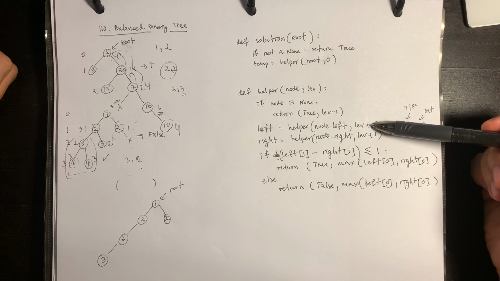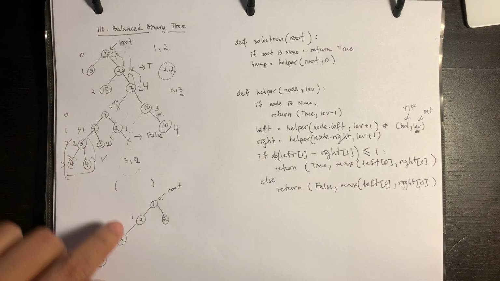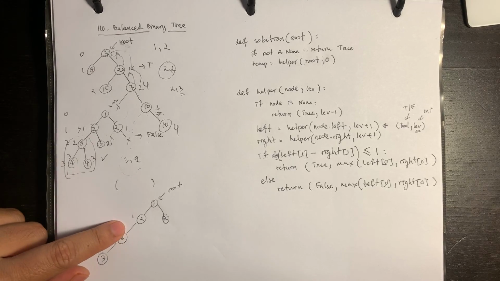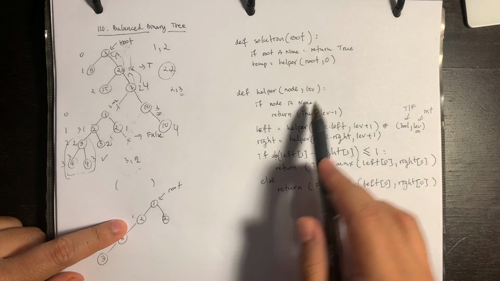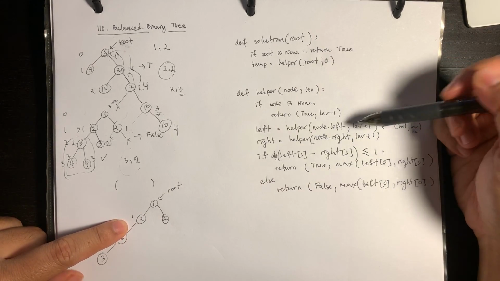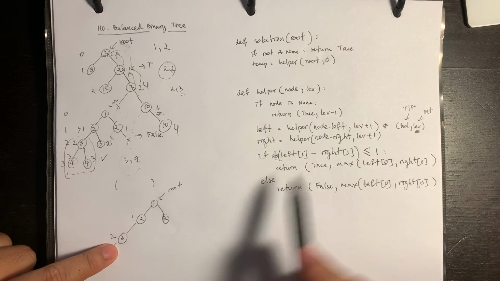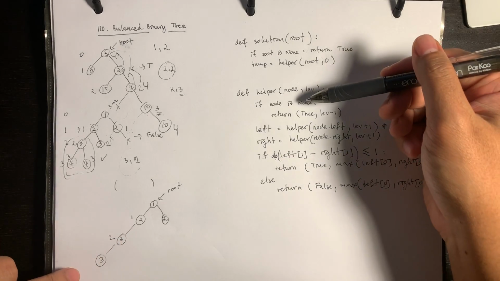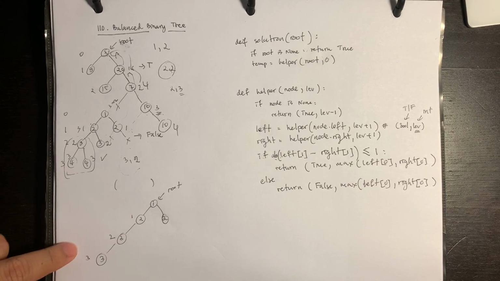And then right here we add 1, so we pass 1 to node 2, telling it that you are on level 1. Then node 2 comes here, and we call left again, and it passes 2 to node dot left. So 3 is not None, so it calls left again, and it passes 3.